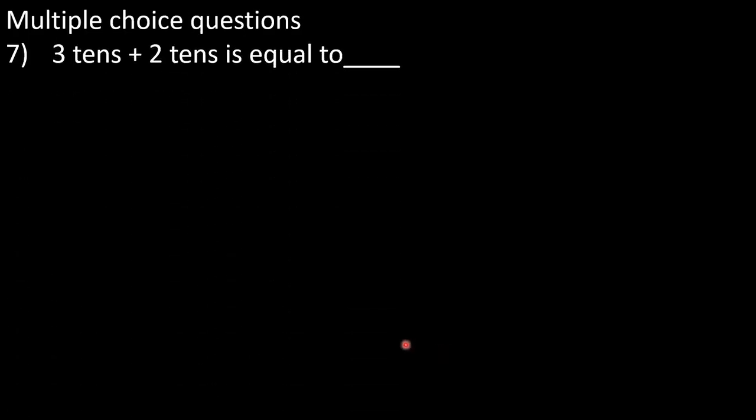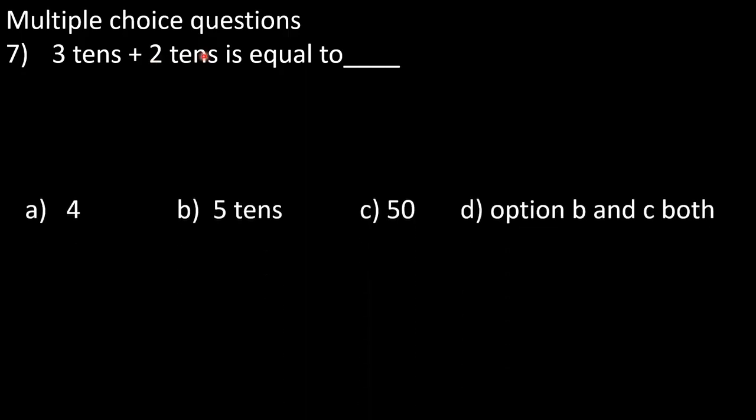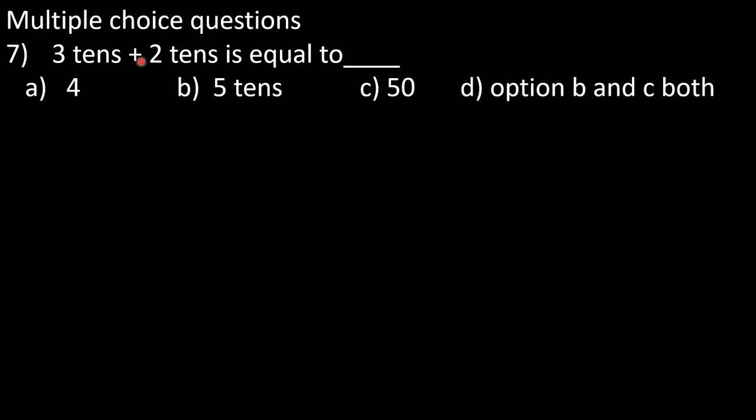The next is question number 7. 3 tens plus 2 tens is equal to dash. So here beta 3 tens means 30 and 2 tens means 20. So let's see what are options. In A 4, B 5 tens and C 50 and in D both option B and C. Okay, so here beta 3 plus 2, because यहाँ पे भी हमें tens given है और यहाँ पे भी हमें tens given है, तो 3 plus 2 is 5 tens, it means option number B is correct.